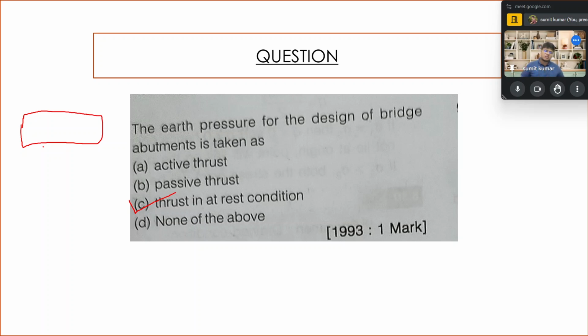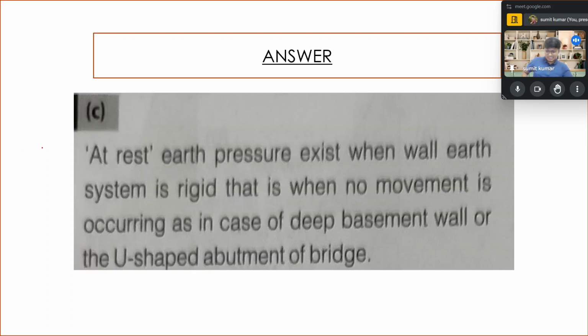The pressure on the soil from all directions is applied equally, so neither the wall or the supports is moving toward the backfill or away from the backfill. So the thrust is in at rest condition, and when we read the explanation, it says also that it is at rest.